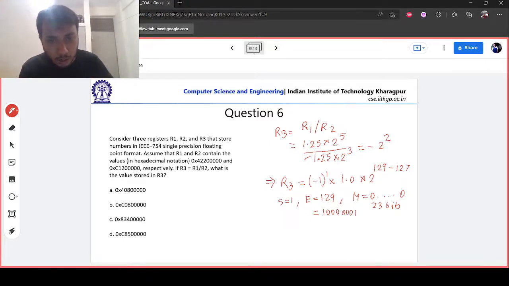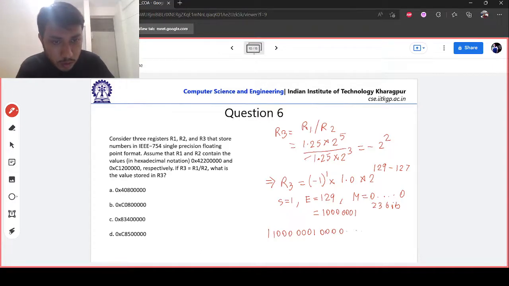So the corresponding IEEE 754 floating point number is 1, the S value, then the E value will come, 10000001, and the rest will be zeros, or 23 bits of zeros.